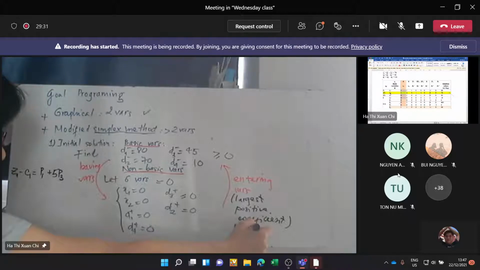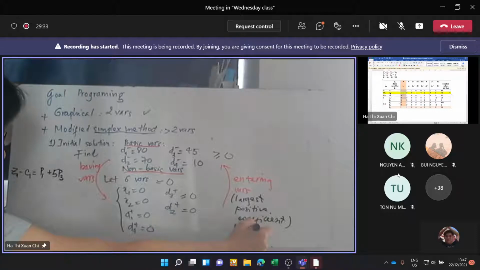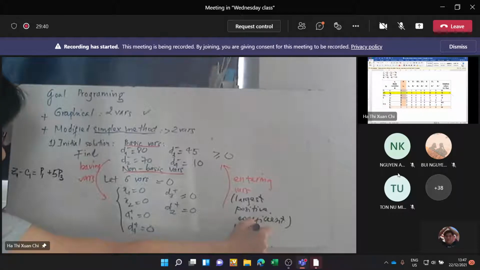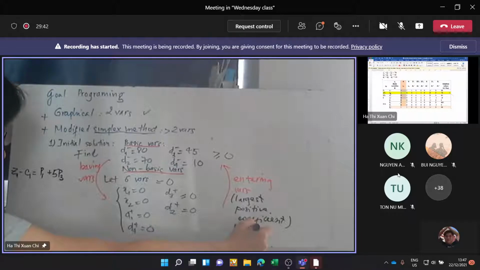So here D2 minus will be leaving here. So I write D2 minus equal to 0 and X1 here. So X1 will be entering the basic.